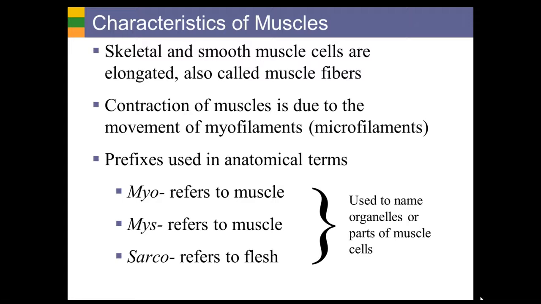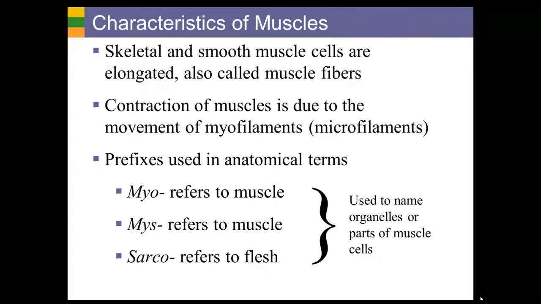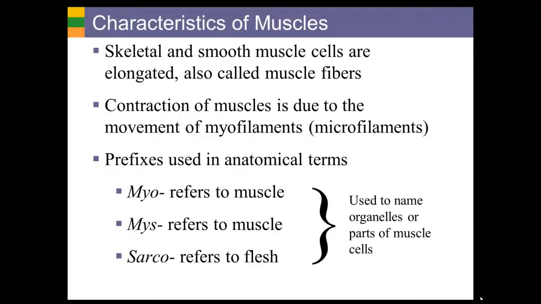Now, as we talk about muscles, you're going to find that a lot of the structures of muscles and of muscle cells have the prefixes myo, mys, and sarco. Myo and mys just mean muscle, and sarco means flesh.